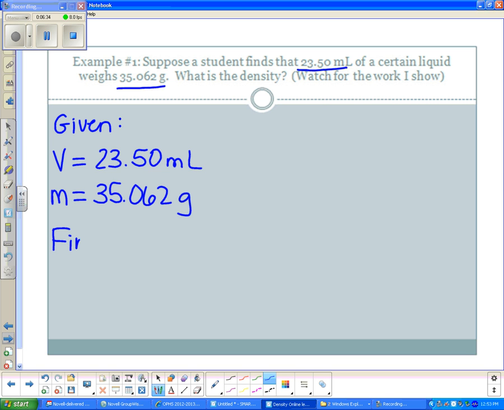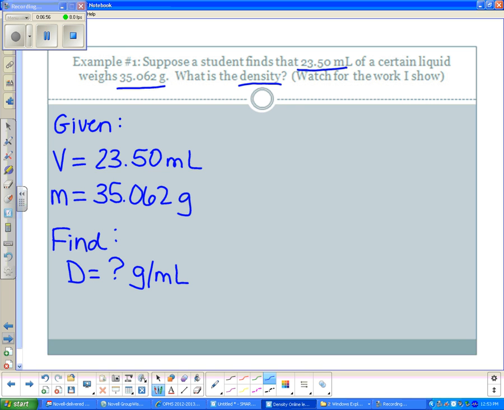Now, what did the problem ask us to find? We are looking for the density. So you can write a D, put a question mark because that's what we're looking for. And once again, those units are really, really helpful. Please make sure you keep putting them on.